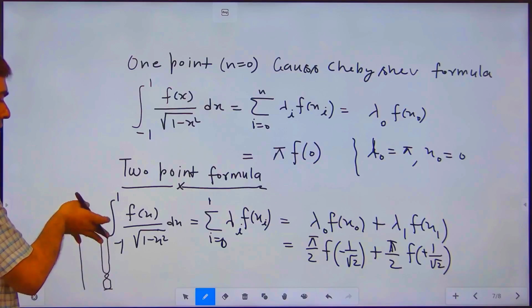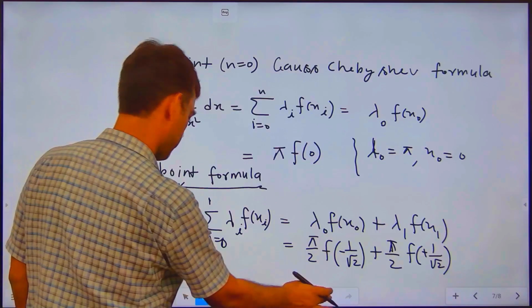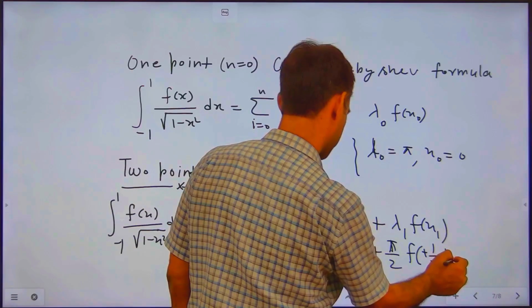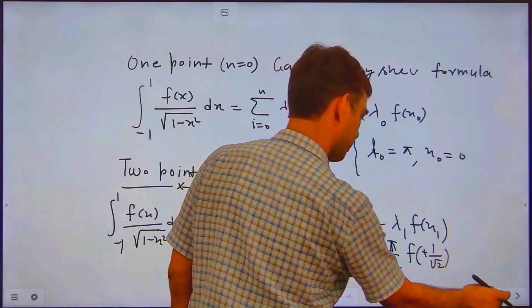Similarly, we are also able to write the 3 point formula. And what is the 3 point formula?